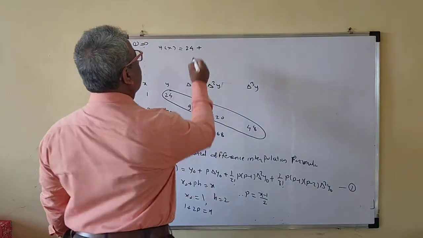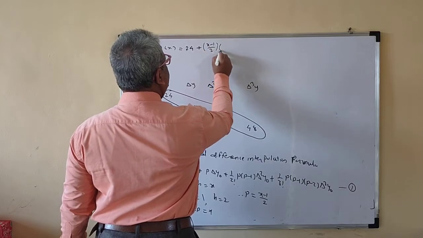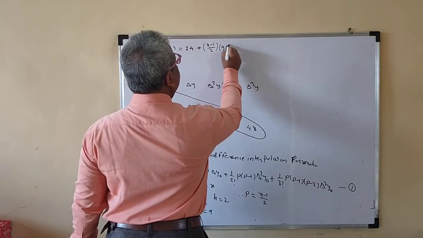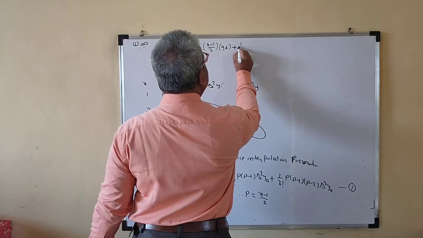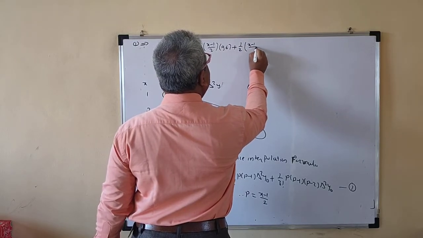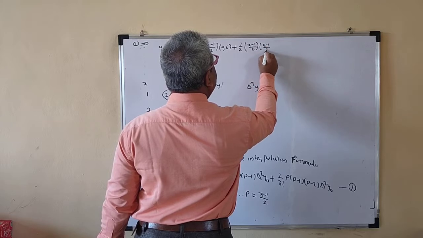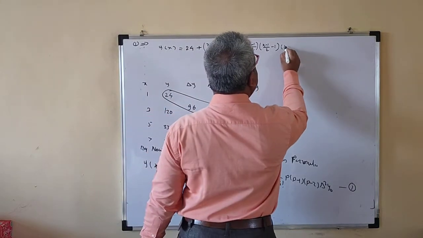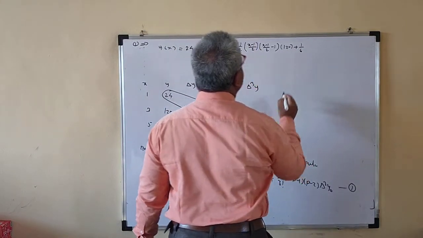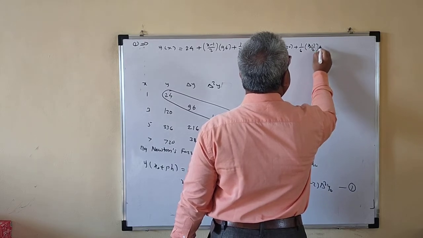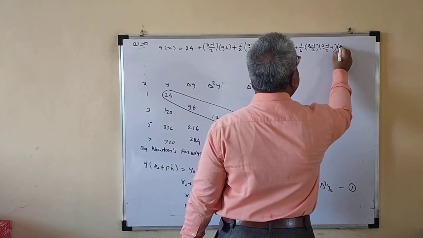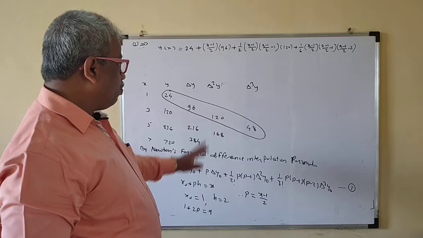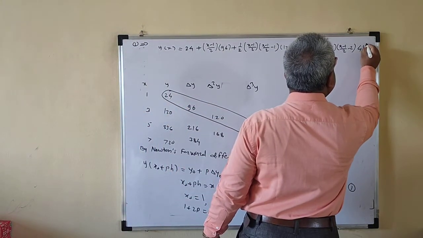We have just calculated: x minus 1 upon 2, and then delta y naught is 96, plus 1 upon 2 factorial, x minus 1 upon 2, x minus 1 upon 2 minus 1, then del square y naught is 120, plus 1 by 6, x minus 1 upon 2, x minus 1 upon 2 minus 1, x minus 1 upon 2 minus 2, then del cube y naught is 48.